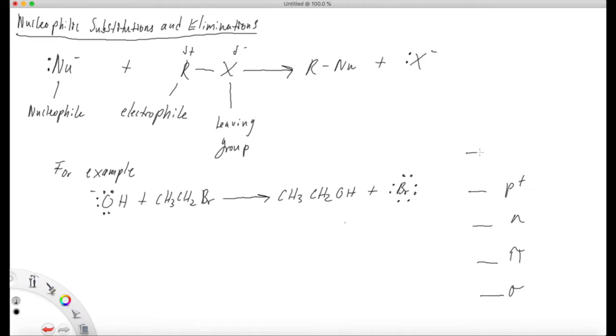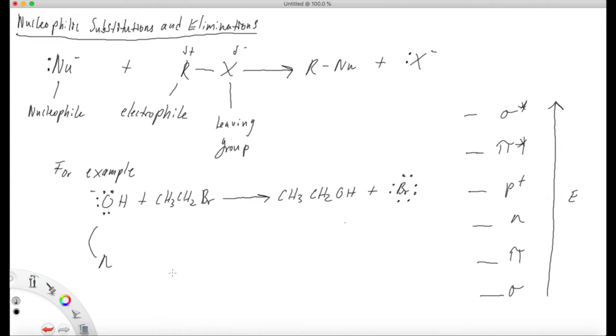Let's say we have an empty p orbital, and we have a sigma bond, pi bonding electrons, and lone pairs on the same molecule. You'll notice the lone pairs react with the empty p orbital over, say, the electrons in the sigma molecular orbitals.